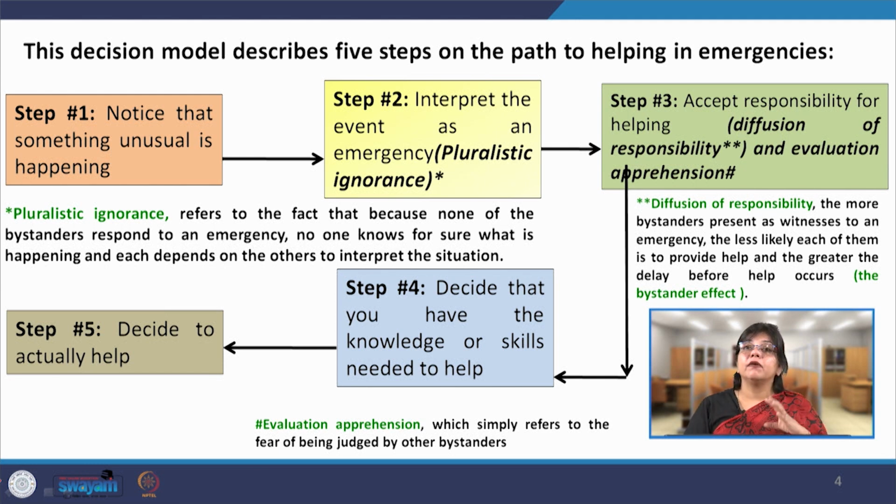Then deciding by identifying one's own skill and engaging in helping behavior, and the last step is to decide finally to engage in that helping behavior. So, this is how the decision model is implemented in any emergency situation to understand the bystander effect.